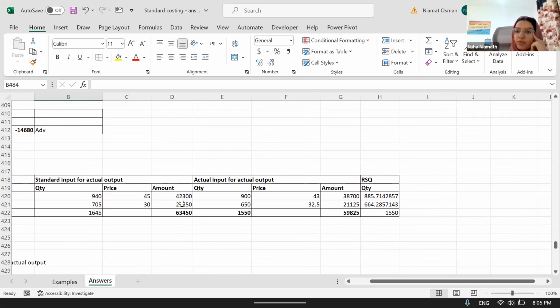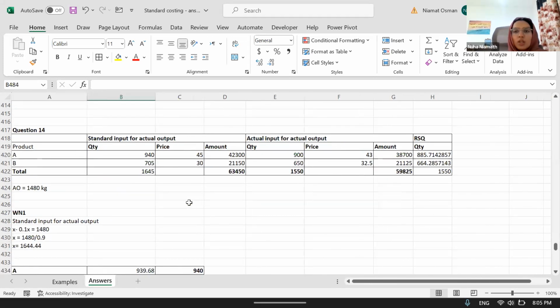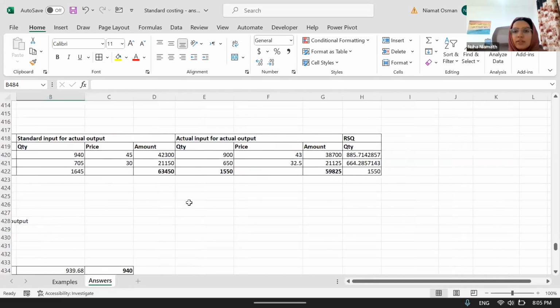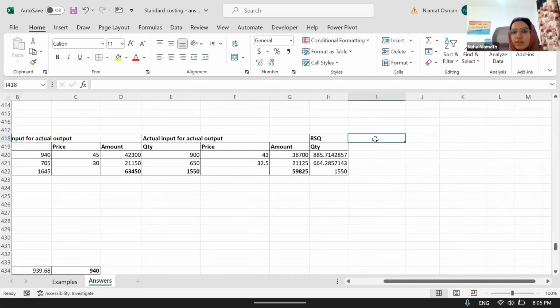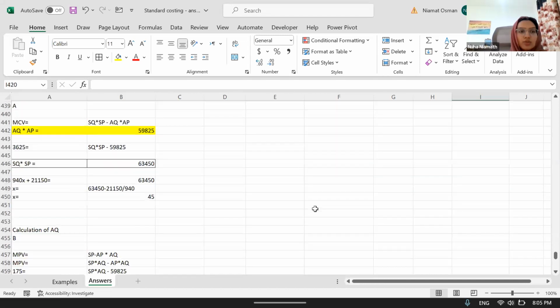Mix variance is the difference between which two components? RSQ and AQ. Correct me. So we can quickly calculate it here itself. Mix variance. Actually no, it will get confusing. Let's do it here.